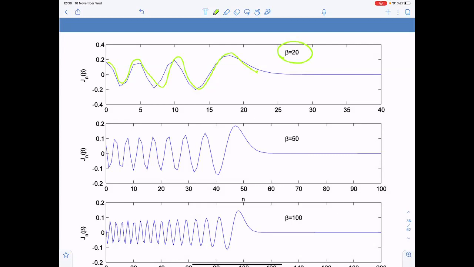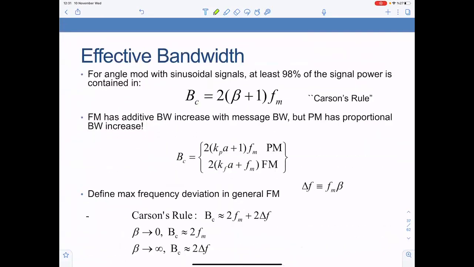In the case of a general non-sinusoidal signal, this rule of thumb also holds: twice beta plus 1 times W, where W is the bandwidth of the modulating waveform. So Carson's rule actually is not a 99% rule, it's a 98% rule. Remember I said in the beginning that FM and PM mainly differ in the sense that the message bandwidth comes in the denominator in the FM expression.